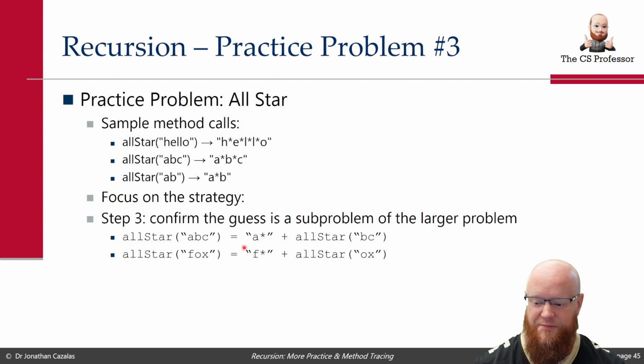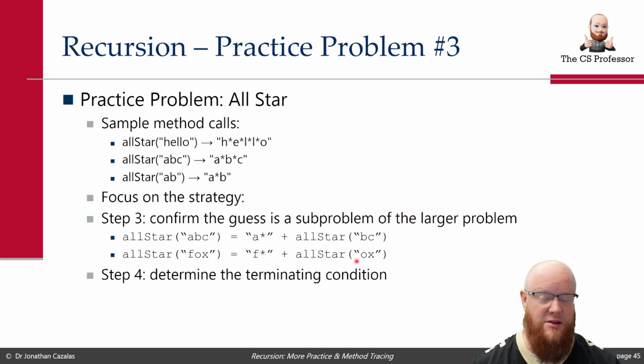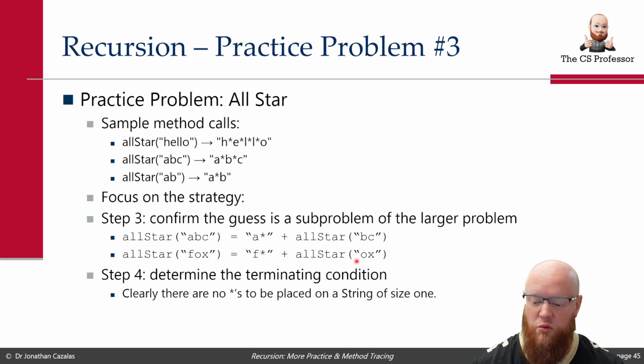Or what about this one? allStar of Fox is going to be take F with an asterisk and then concatenate to that allStar of Ox. What's the terminating condition? You might say put asterisks between a string of size 2 or size 0. Well, really, you can't place an asterisk between only one character, right? So you have to have at least 2 characters. So if the length of the string is 1 or less than 1, we are done.